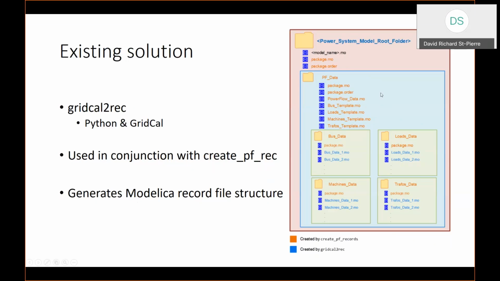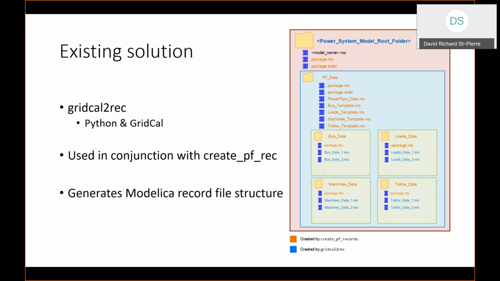This file structure is a format that follows Modelica's record file, and it has the information from the PowerFlow solution in different files. So for example, in the bus data file, we'll see information such as the voltage magnitude and voltage angles for the various buses in the PowerFlow solution.